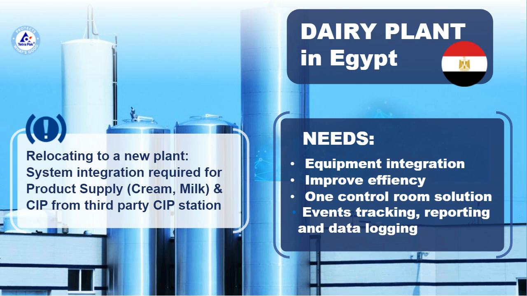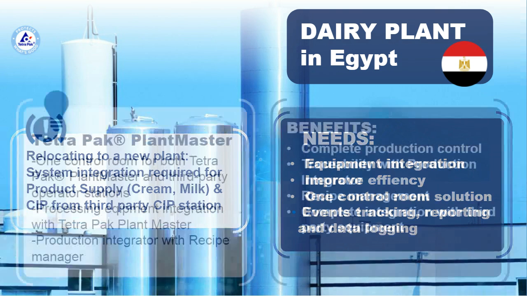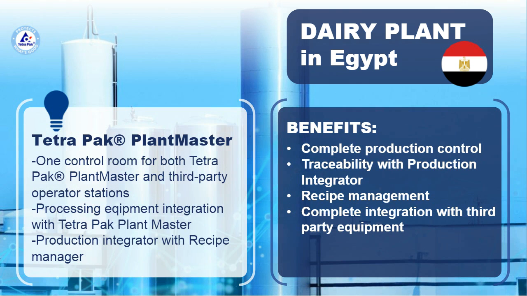So by providing the Tetra Pak PlantMaster solution, we brought lots of benefits for the customer. We added lots of features and functionalities. Of course, we integrated all the equipment into one data framework. They got traceability and production integration with all the reports and dashboards.